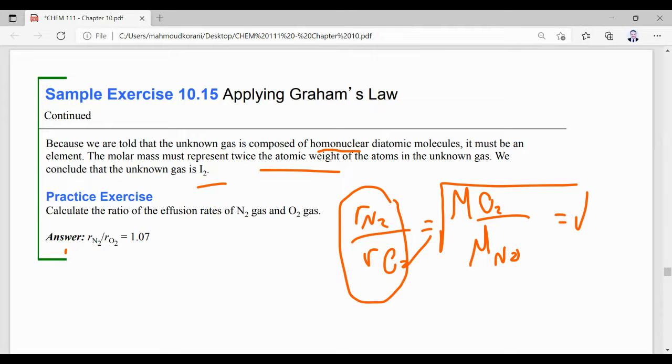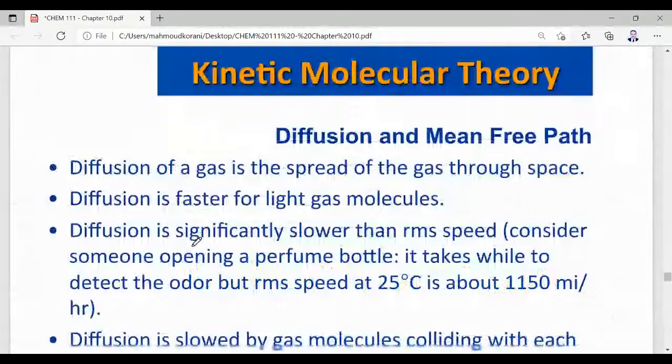Okay, it's not reciprocal, it's the same. I'm sorry, it's right directly. So it should be the square root of 32 divided by the square root of 28. So it will be higher than 1.